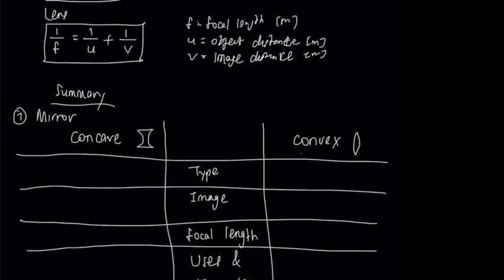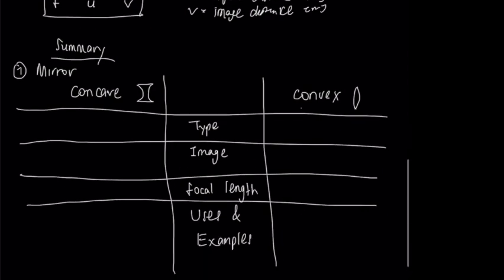Okay, so now let's move on to the summary of the concave and convex mirror. So the differences are, first of all, the type of mirror. Concave is a converging mirror, while convex is a diverging mirror.